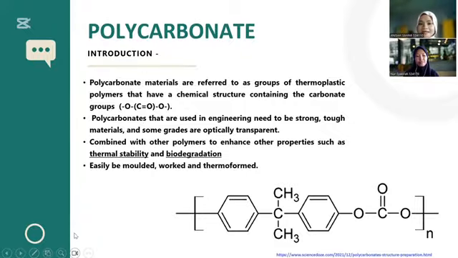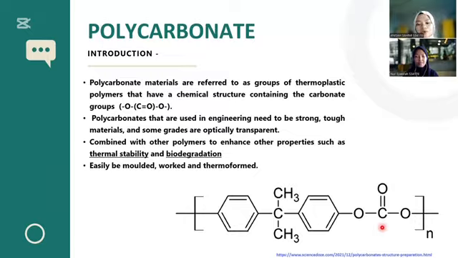Polycarbonate materials are referred to as a group of thermoplastic polymers that have a chemical structure containing the carbonate group, O-C double bond-O, as you can see on this slide. Polycarbonates that are used in engineering must be strong, tough materials, and some grades are optically transparent.